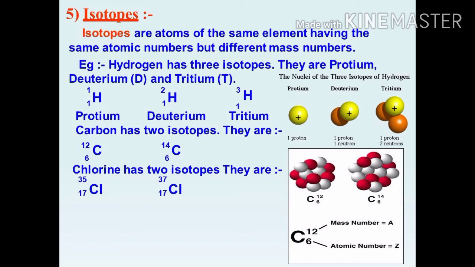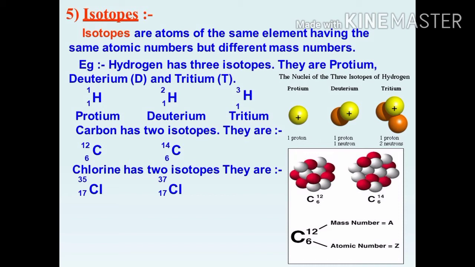So hydrogen has 3 types of isotopes, but they have the same atomic number, 1. They have different mass numbers: protium 1, deuterium 2, tritium 3.